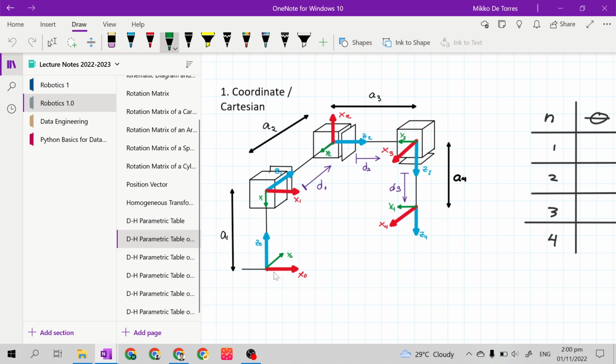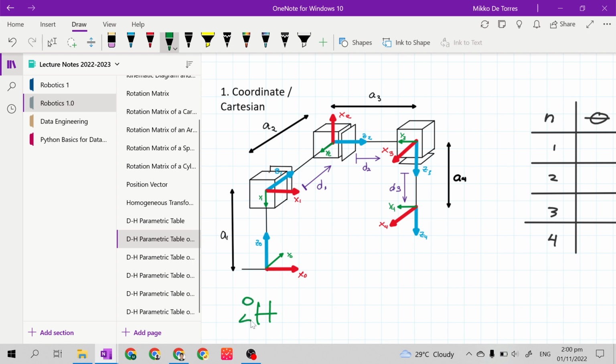From the base we have frame 0, then up to the end effector we have frame 4. If we create the homogeneous transformation matrix equation for this mechanical manipulator, we will have this.